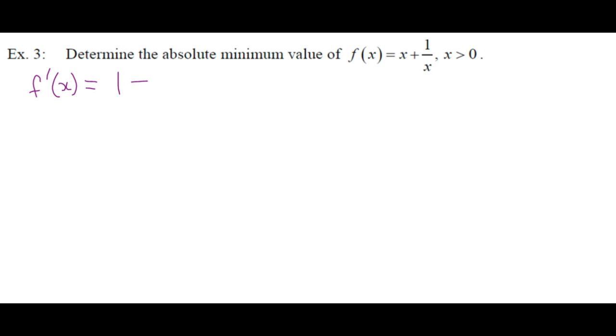That's negative 1 over x squared. So 1 minus 1 over x squared. Now it says x is greater than 0, right? Because this is not defined at 0, but that's fine because we're asked to find where x is greater than 0. So where are the zeros?